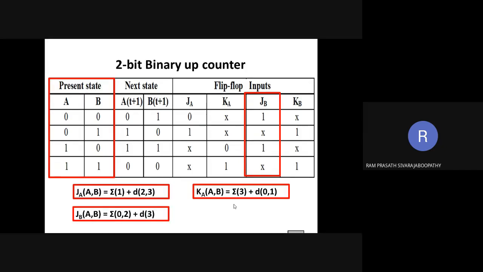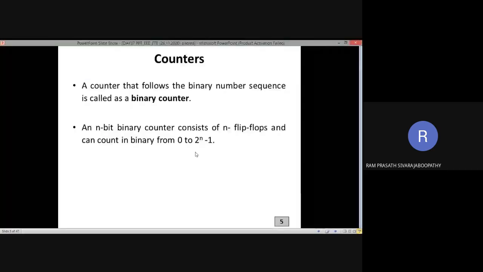Here it is mentioned as 3 only. Actually, it is 1, 3. So 0, 2. Here it must be 1, 3. This must be changed, slide number 16.